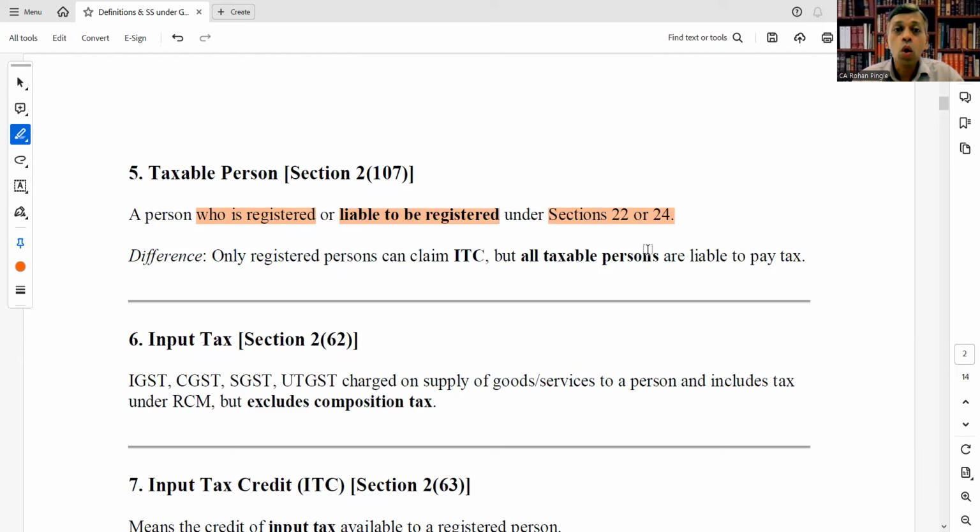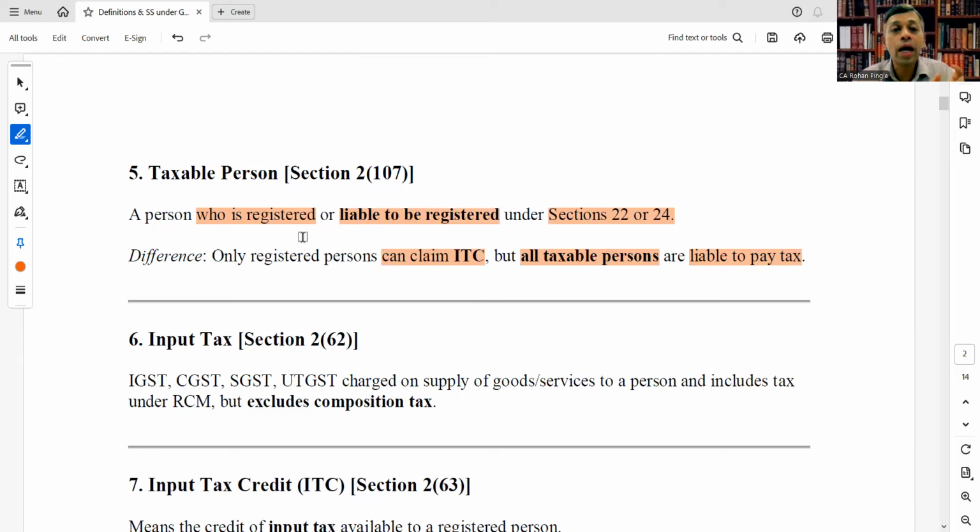What is the difference? Only registered persons can claim ITC, but all taxable persons are liable to pay tax. Because the definition says that a person who is registered or liable to be registered; it is not a cumulative requirement.